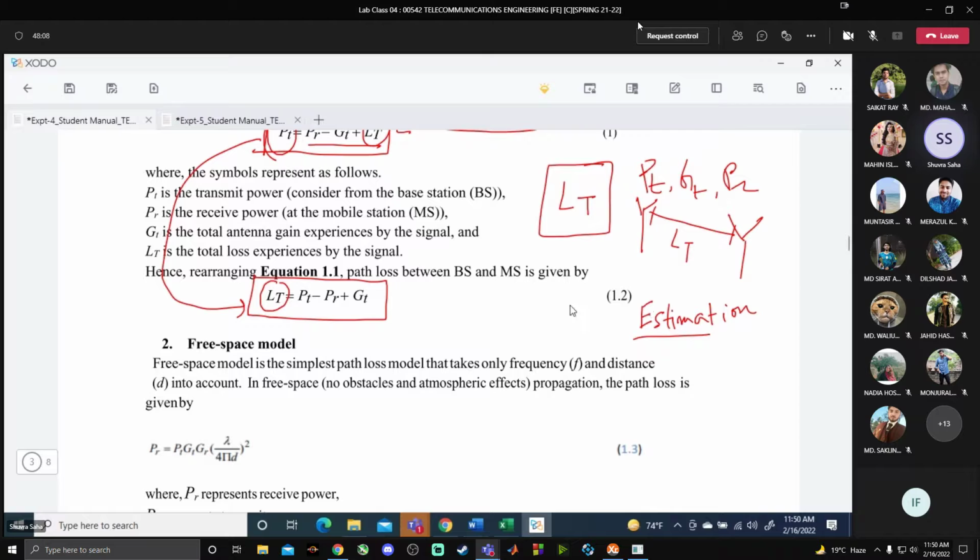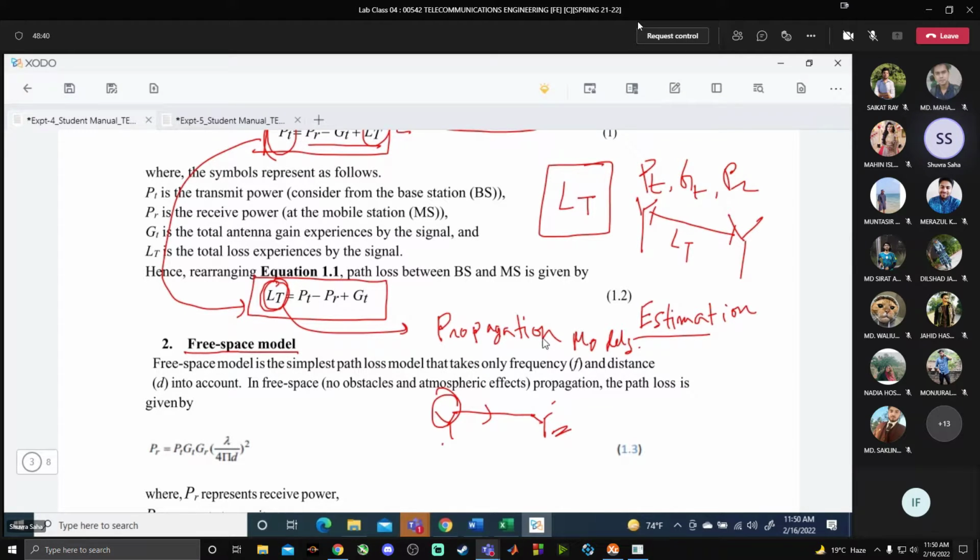So now, to estimate this path loss, we will be using the propagation model. So we define some equations to do this. Those are called propagation models. Now the basic propagation model is free space model. Means we are considering that between the tower, mobile tower and the mobile set, there is no obstacle. We have totally free space available.